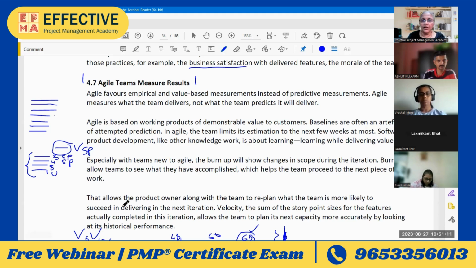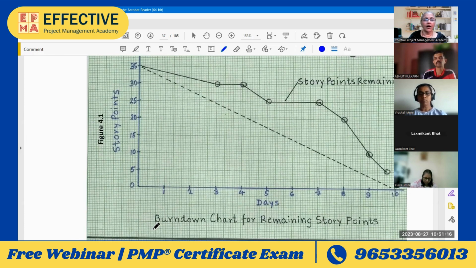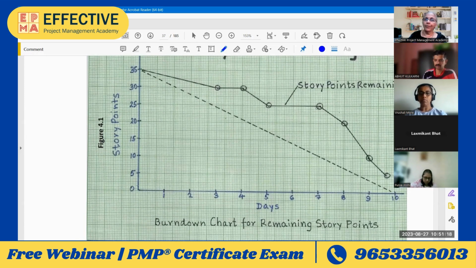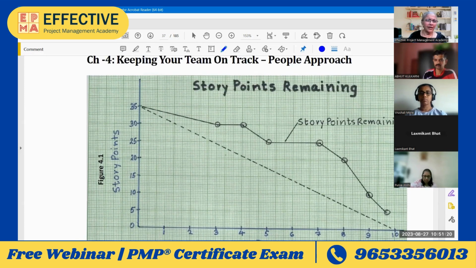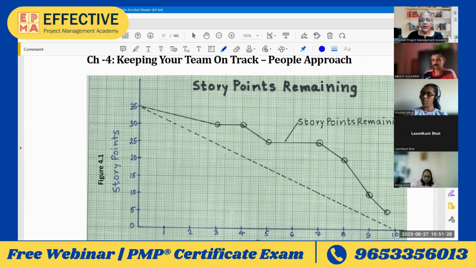For judging that, they will use graphs called burn down charts or burn up charts. One of them. They are just mirror images. So, what is the burn down chart? There's a team that has decided to complete 35 story points in one iteration.